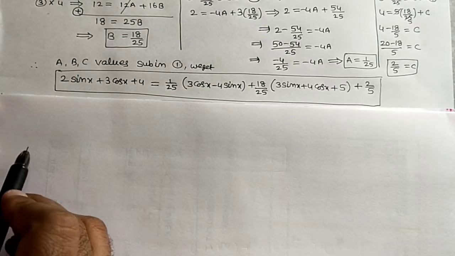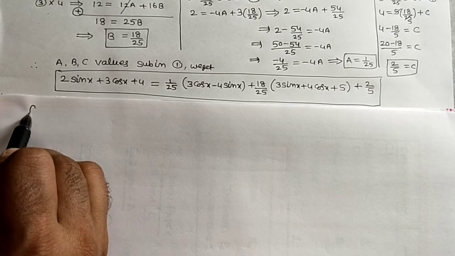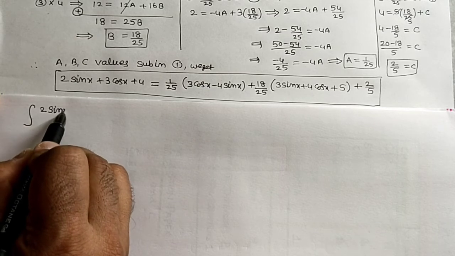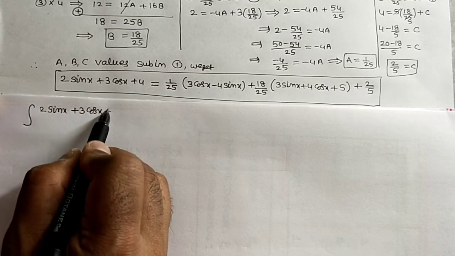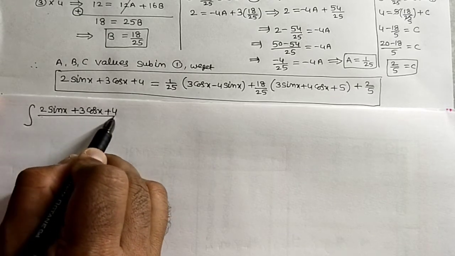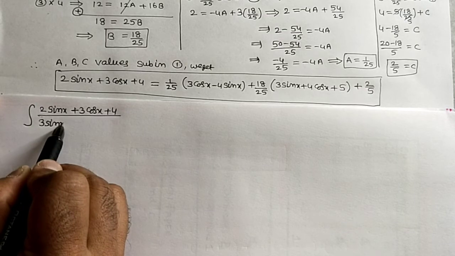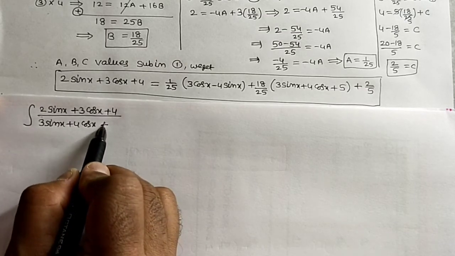The next step. Now again consider the given integral 2 sin x plus 3 cos x plus 4 divided by 3 sin x plus 4 cos x plus 5 into dx.